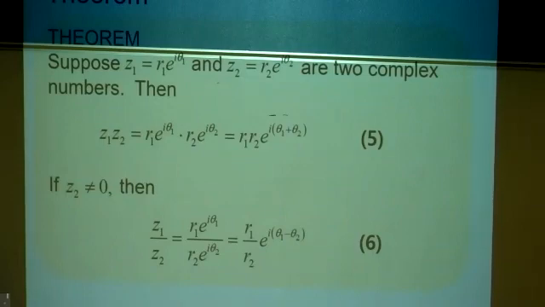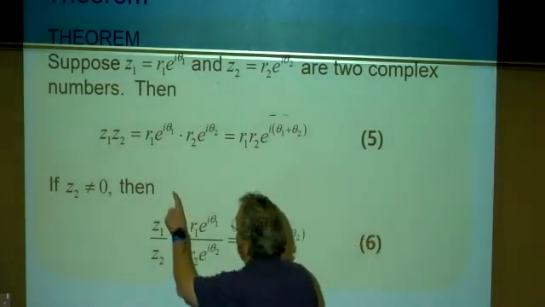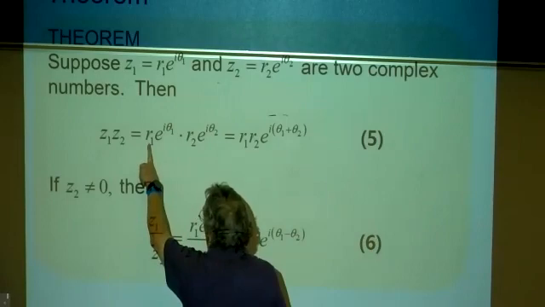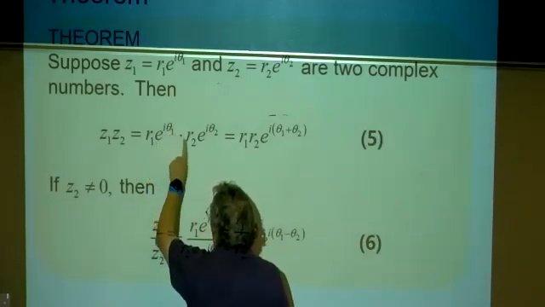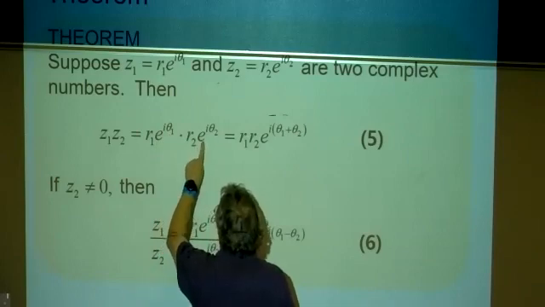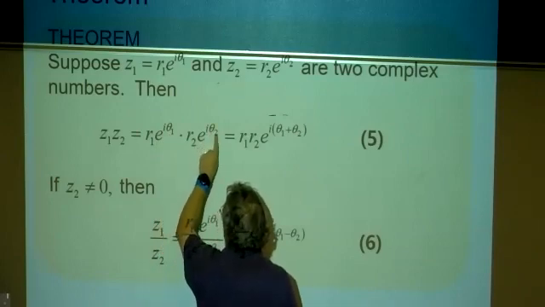So we have 2 complex numbers. When you multiply 2 complex numbers, we're going to multiply r sub 1 e to the I theta sub 1 times r sub 2 e raised to the I theta sub 2.